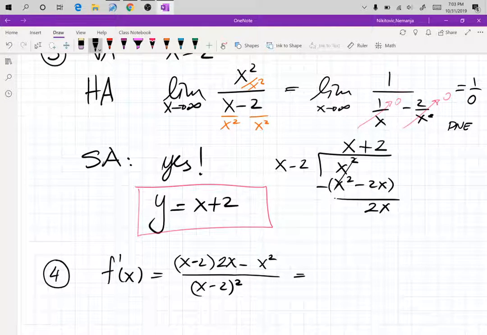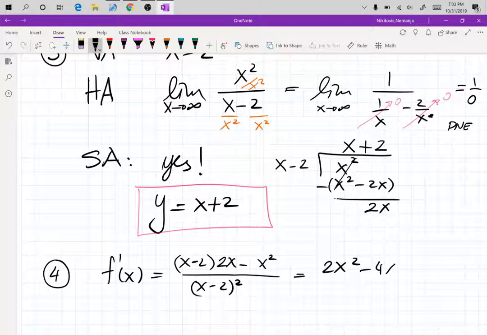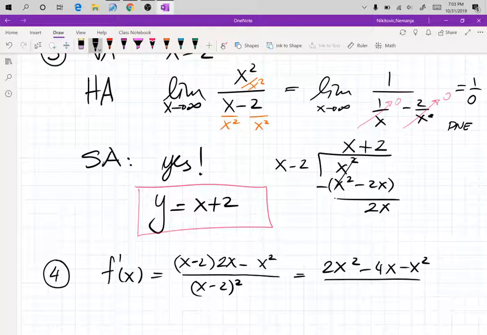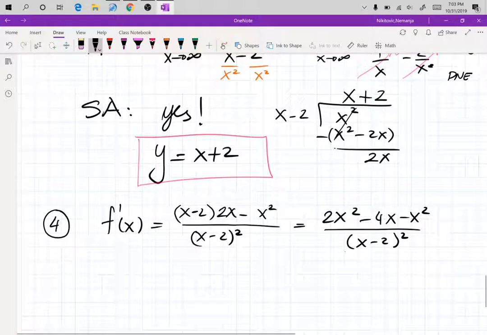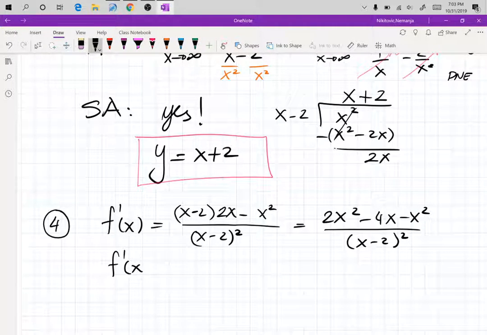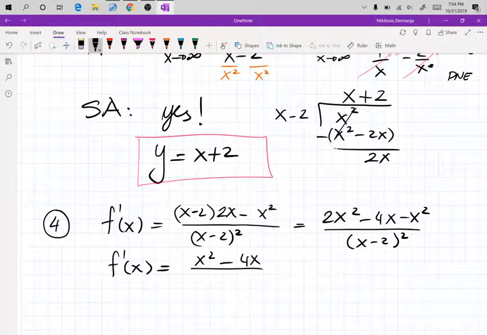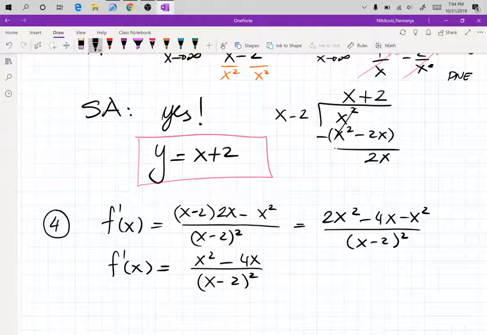So this simplifies into 2x squared minus 4x minus x squared divided by x minus 2, squared. So x squared minus 4x. This would be our first derivative.